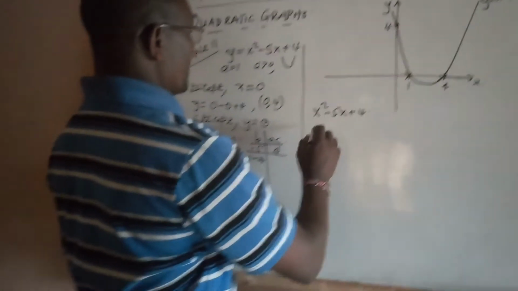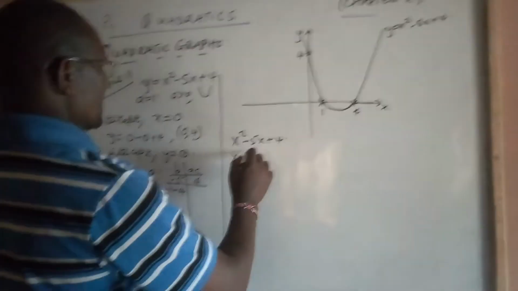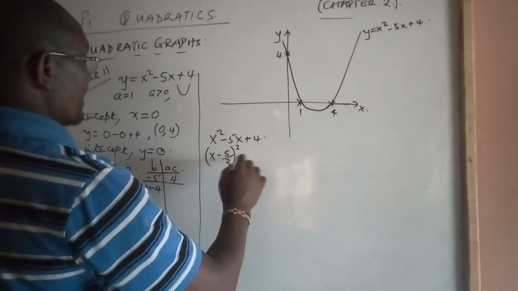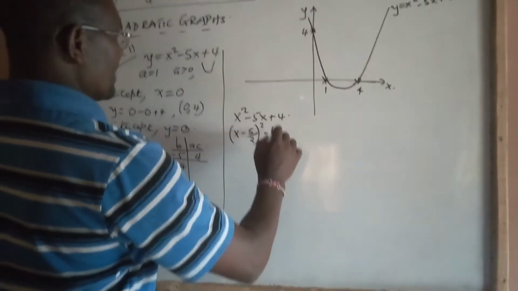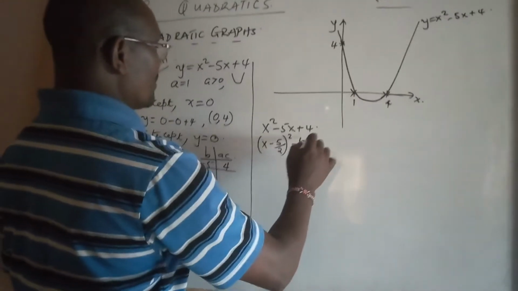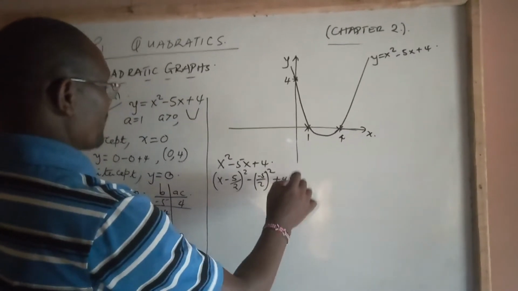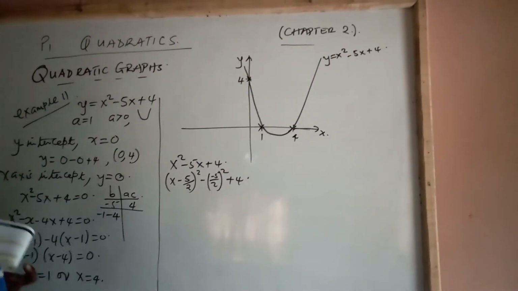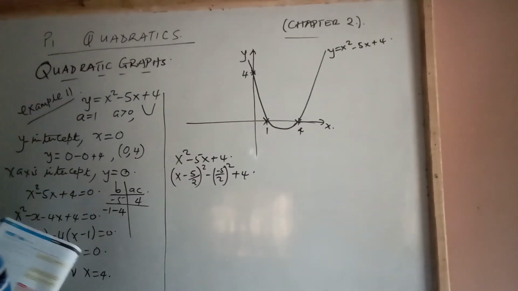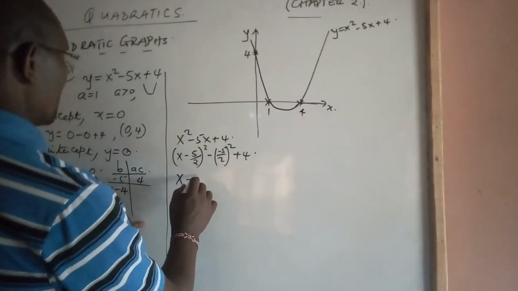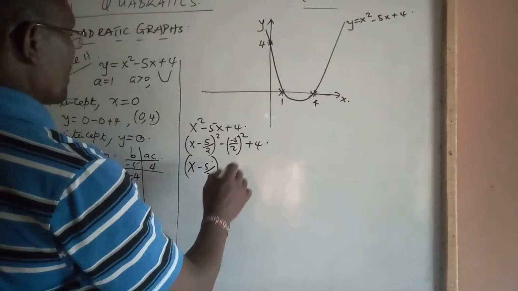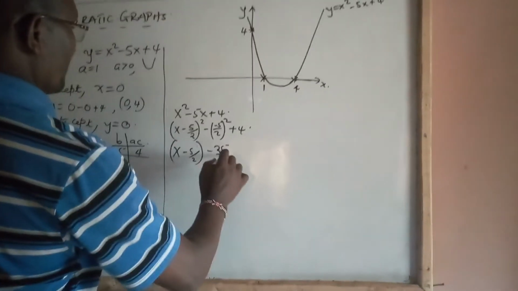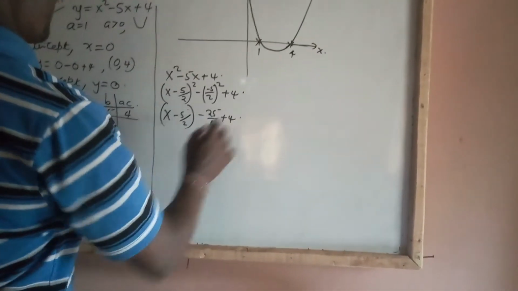Completing this square, we have x minus 5 over 2 squared minus 5 over 2 squared plus 4.